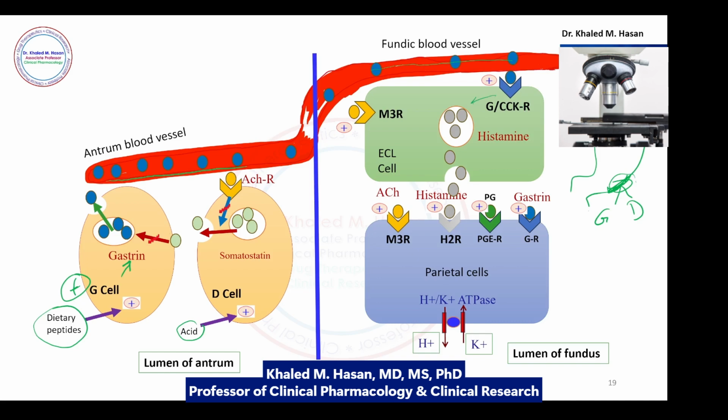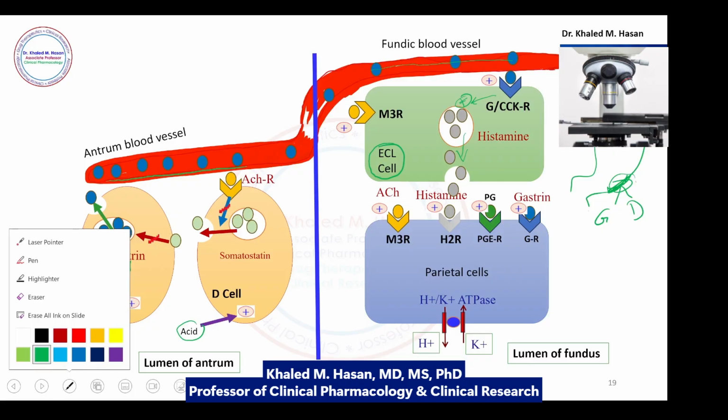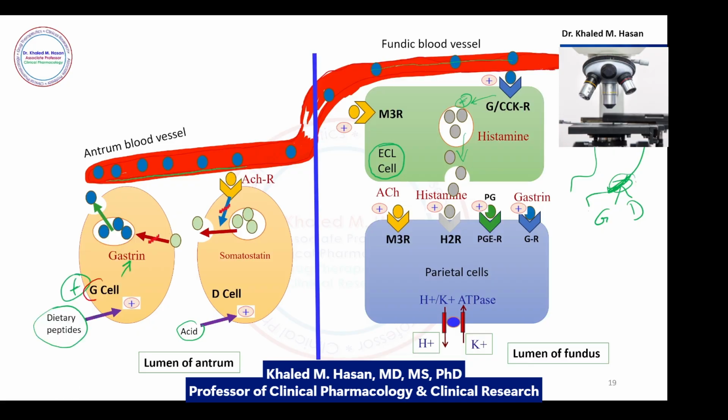This will lead to stimulation of the histamine vesicles and enhanced release of histamine. These cells are called ECL cells, and ECL stands for enterochromaffin-like cells. So we can see here we have four main cells in the beginning. Number one, G cells produce gastrin.